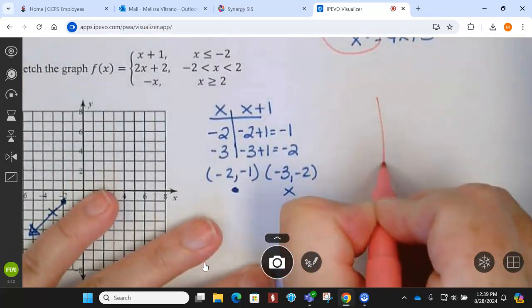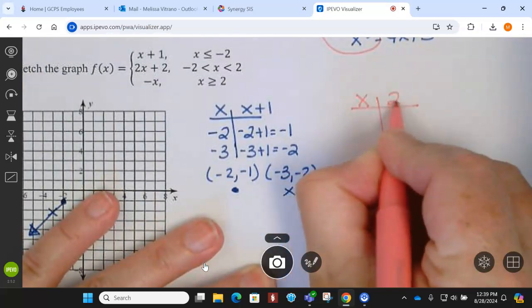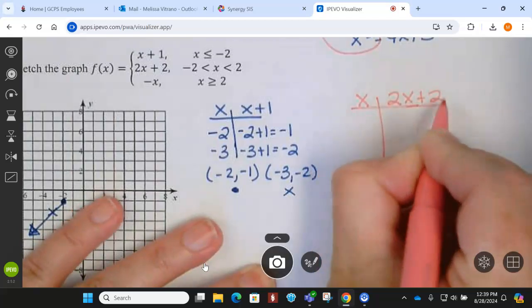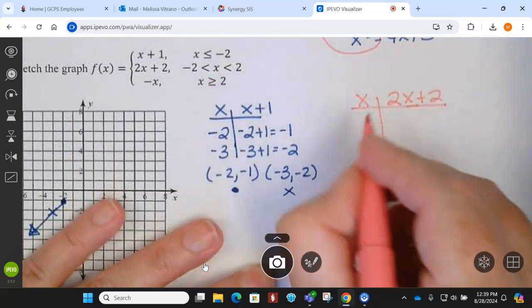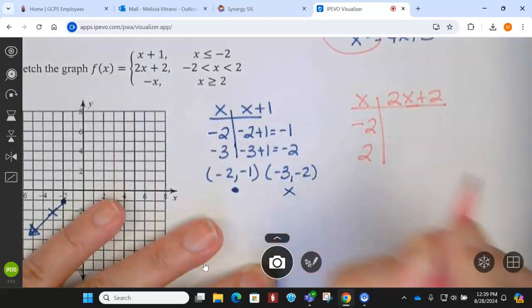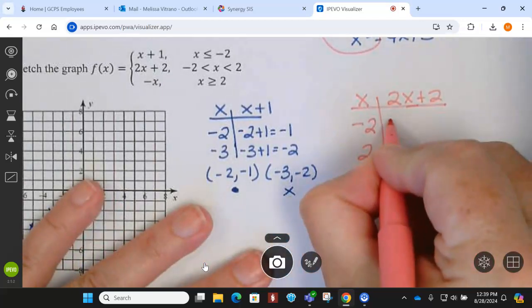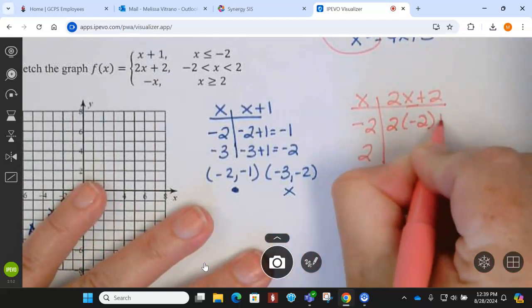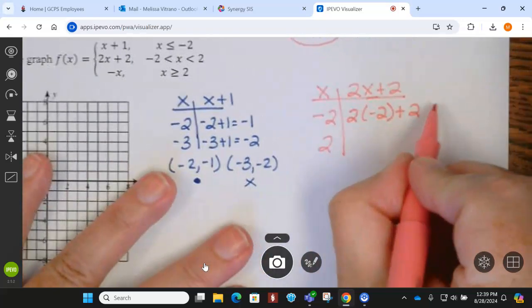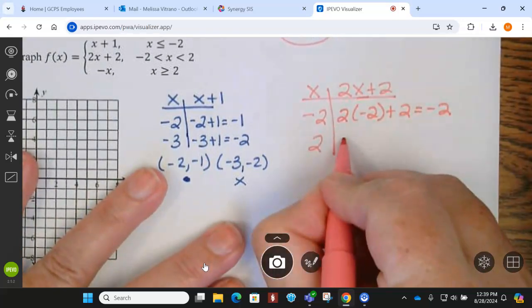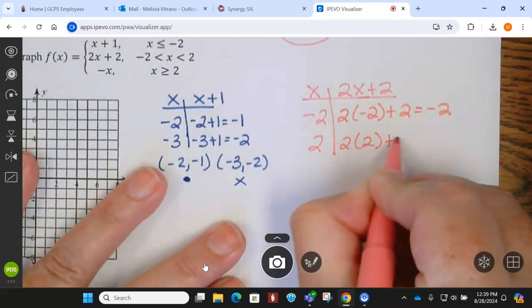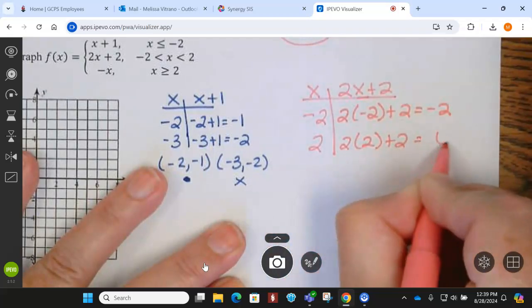Now we're going to do the next one. 2x plus 2. Remember, we got to use both of these numbers, so -2 and a 2. So it'll be 2 times -2 plus 2, so -4, -2, and 2 times 2 plus 2 is 4, 6.